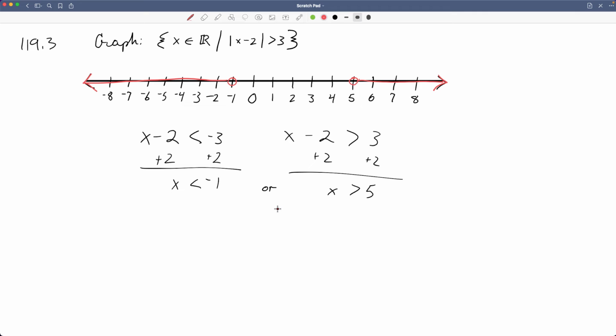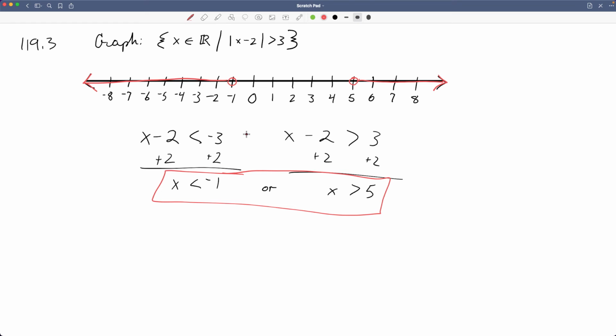So we have a disjunction in this case. You can see that would just be written like this: x is less than negative 1 or greater than positive 5. We cannot combine them because they cannot form one single statement. They are going to be written separately.